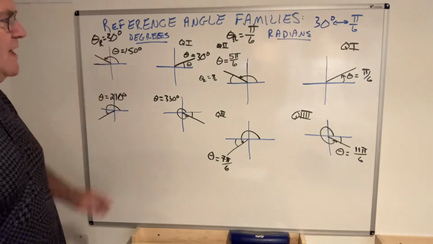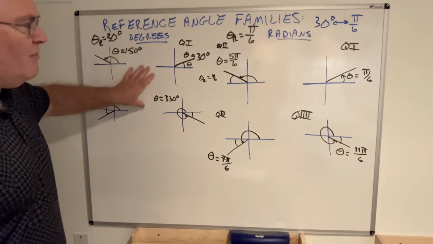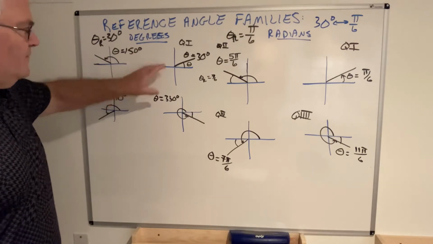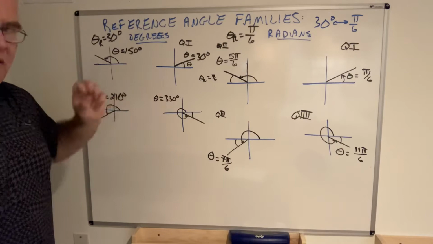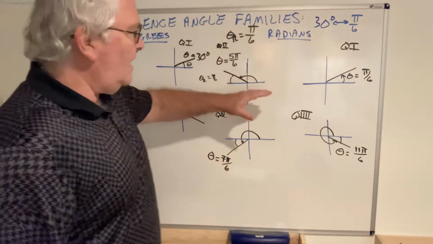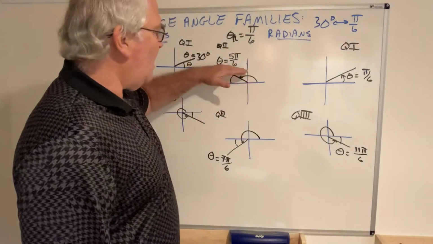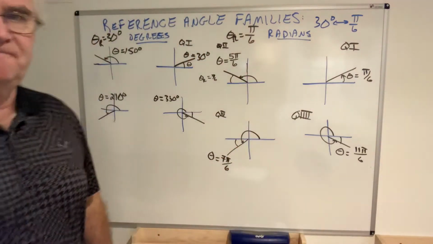So those are the reference angle families for 30 degrees, in both a 30-degree angle or pi over 6. Degrees: 30, 150, 210, 330. Those need to become registered in your mind. In radians: pi over 6, 5 pi over 6, 7 pi over 6, and 11 pi over 6.